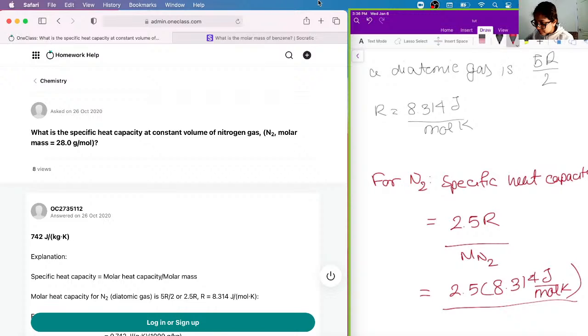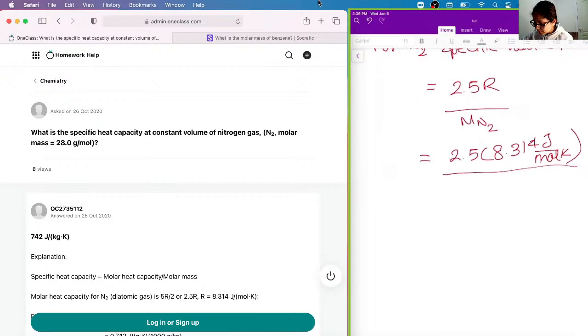And the molar mass of N2 is given, so it's 28.0 grams per mole.